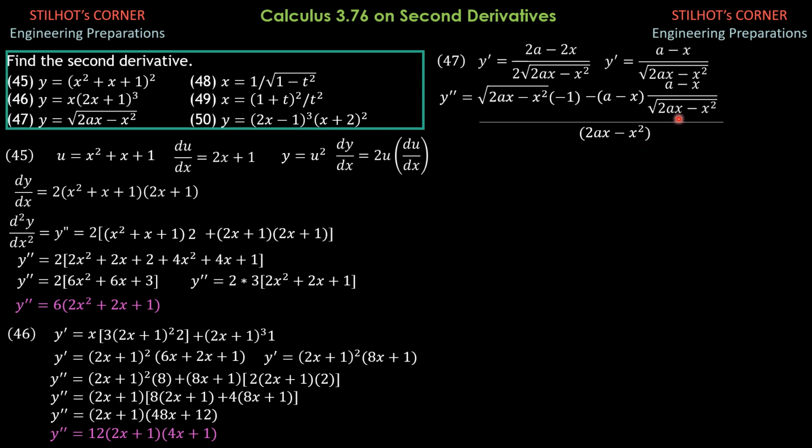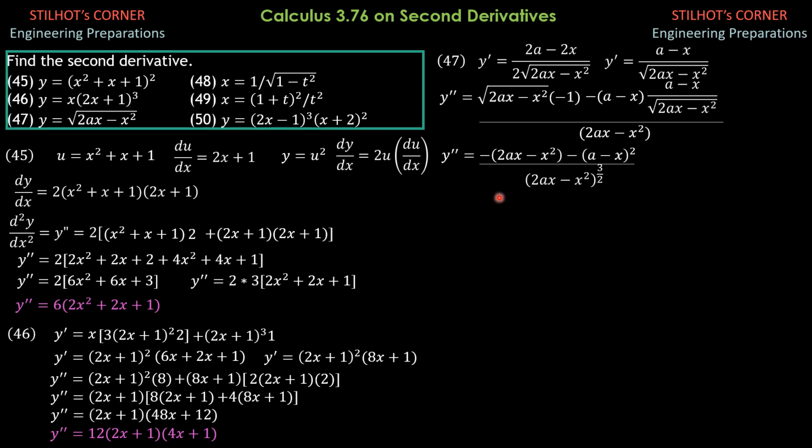So cross multiply, we have negative of quantity 2ax minus x squared, minus quantity a minus x squared, all over quantity 2ax minus x squared raised to 3 halves.